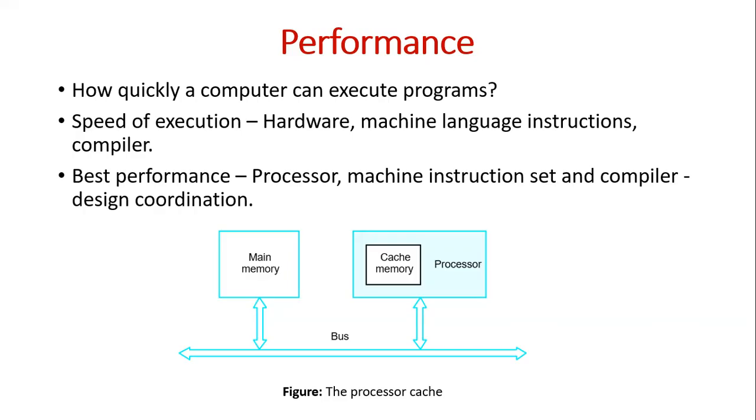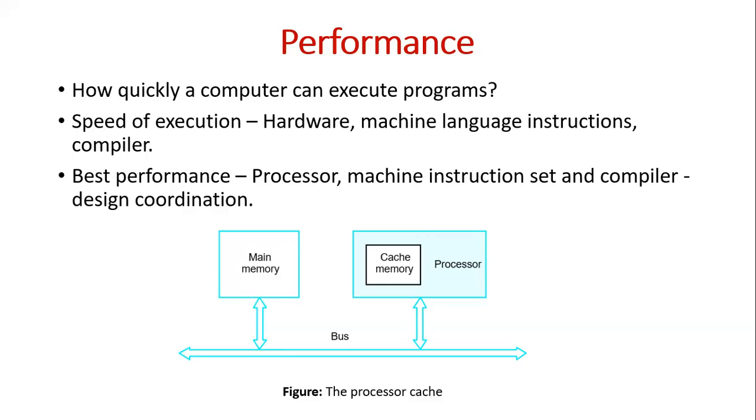For that, the compiler does different things. Such a compiler is called an optimized compiler. So the role of all these three components, hardware, machine language instructions, and compiler, is crucial for deciding the speed of execution.